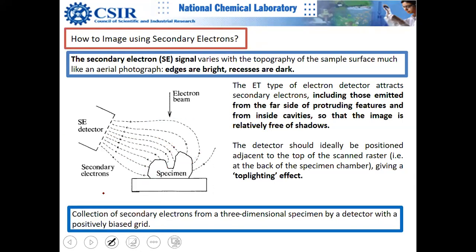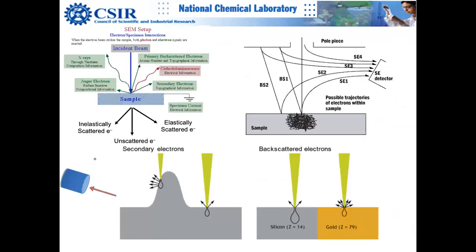Sir, in the previous slide, you told that the backscattered electrons give the information of the chemical analysis or the composition, but they are given by the characteristic X-rays, no, sir? In this slide also, X-rays give the composition information. Yes, you're right. I think I answered this question in the previous lecture also, but I'm answering again.